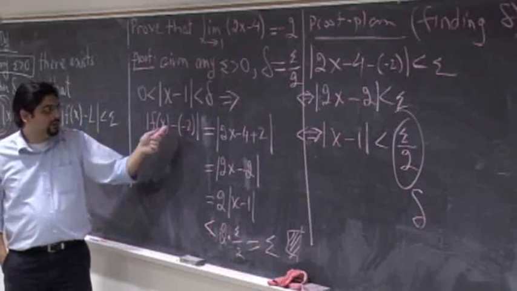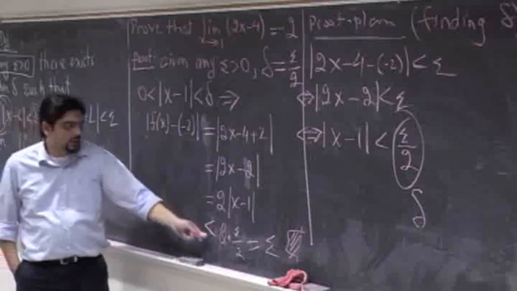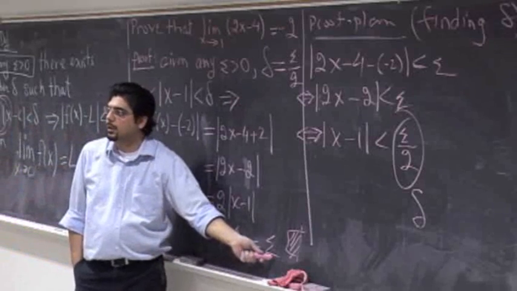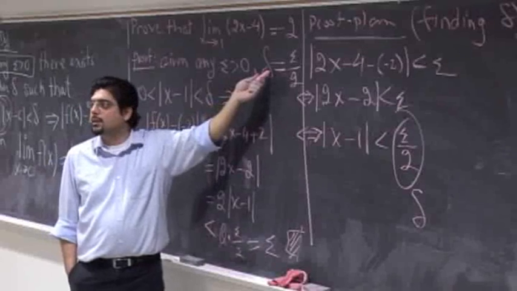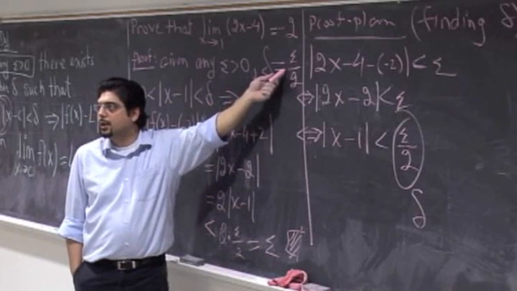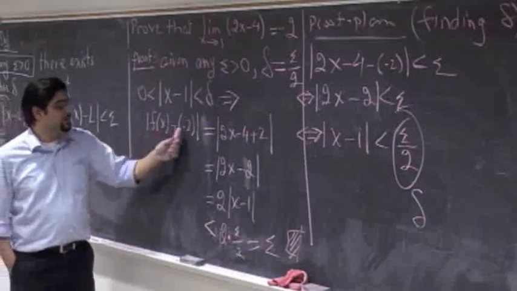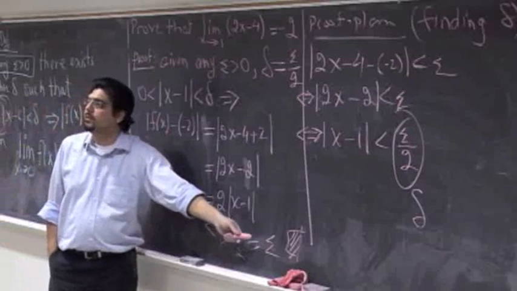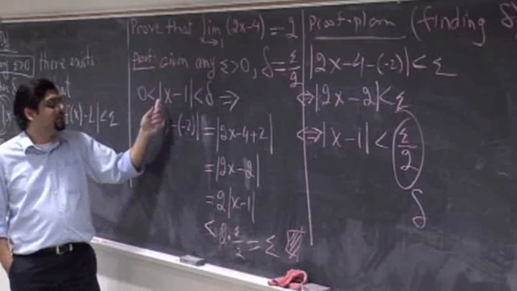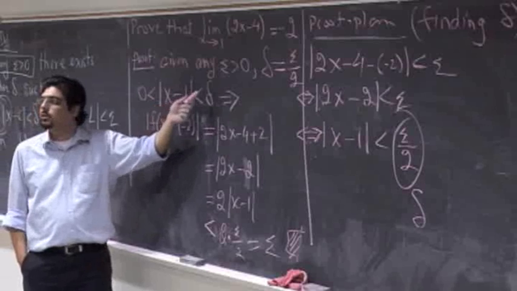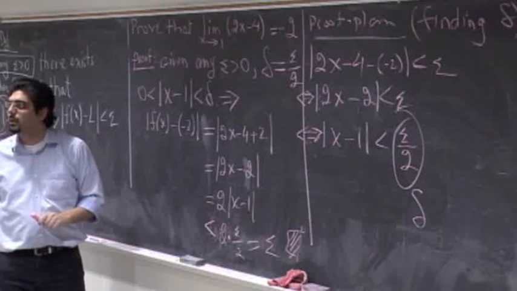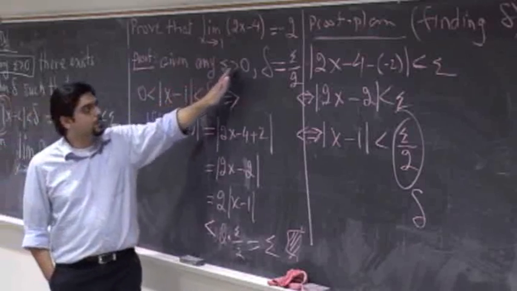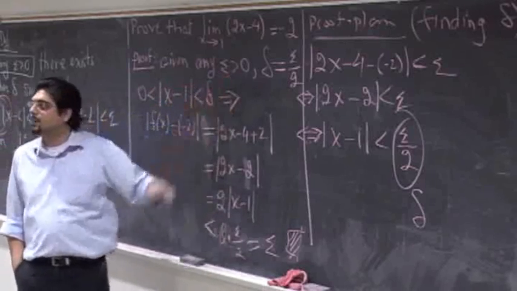If I want the difference to be less than 1, then that makes delta half. So in other words, if I want the function to be within 1 unit of the limit, then I have to make sure that x is within half a unit of 1. That's what I'm saying. And that's just for one epsilon. This argument guarantees it for any epsilon.